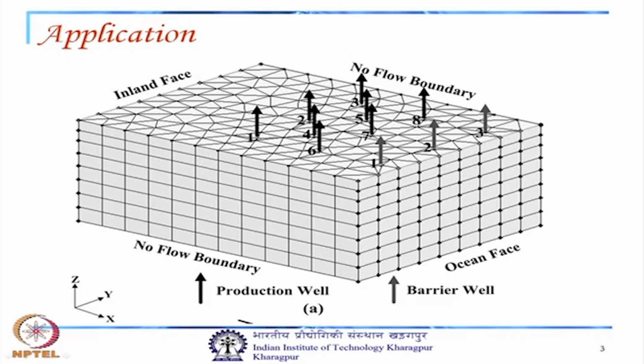So, let us consider one hypothetical example. This particular phase, let us say this is our ocean phase or sea phase. These three wells are extraction or barrier wells, and these wells are our production wells, and these two boundaries are no flow boundaries, and this is our inland phase.